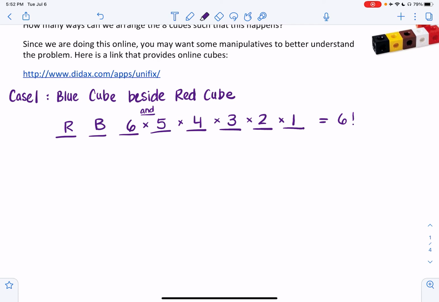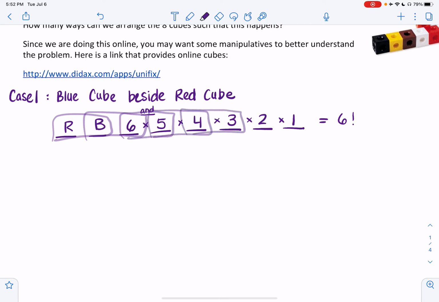And in total, there are 7 different spots where they could live: 1, 2, 3, 4, 5, 6, 7. So that means we have to multiply the total number of ways by 7 because that pair of red-blue could be in 7 different spots. Next, we have to multiply by 2. This is because we could have red-blue or we could have blue-red. Those are 2 different options because the order here really matters.